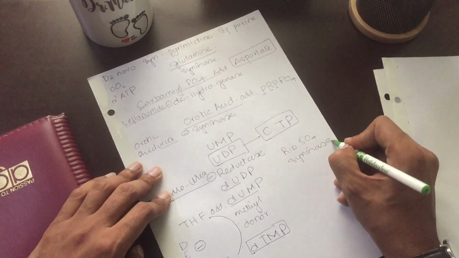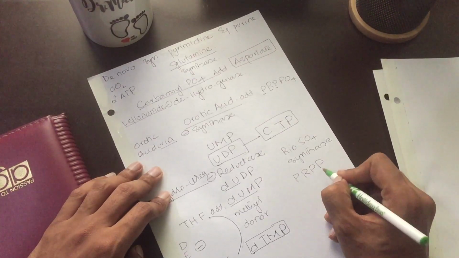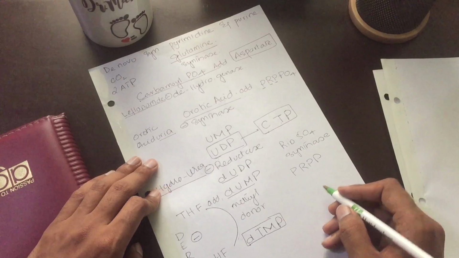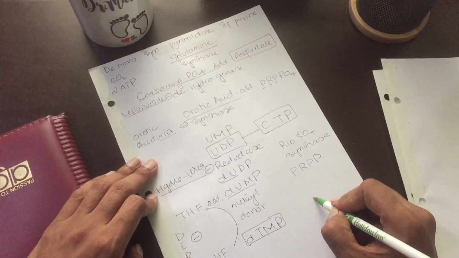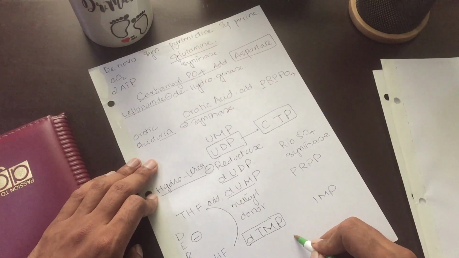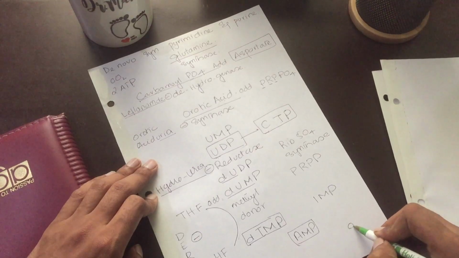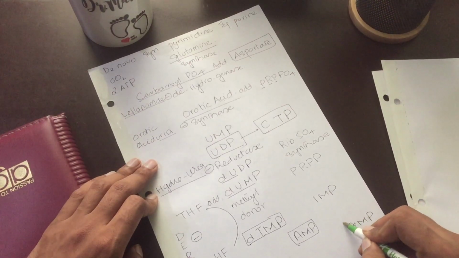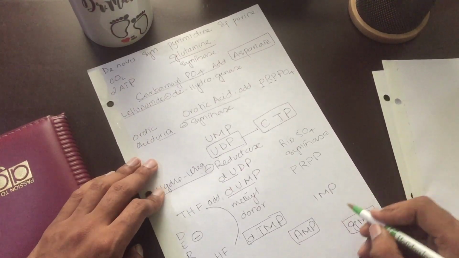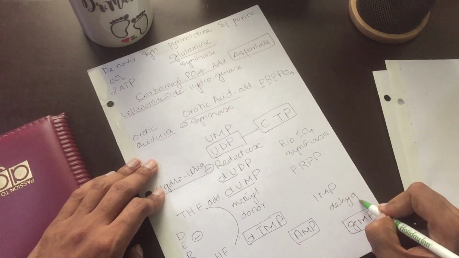What synthase? PRPP synthase. This PRPP is going to make inosine monophosphate, which is converted into AMP and GMP. For GMP, we need inosine monophosphate dehydrogenase.